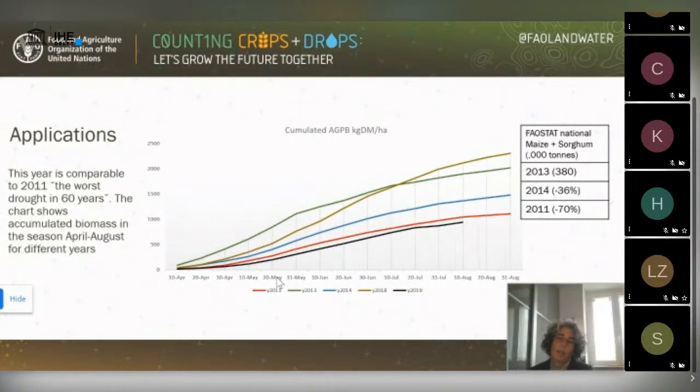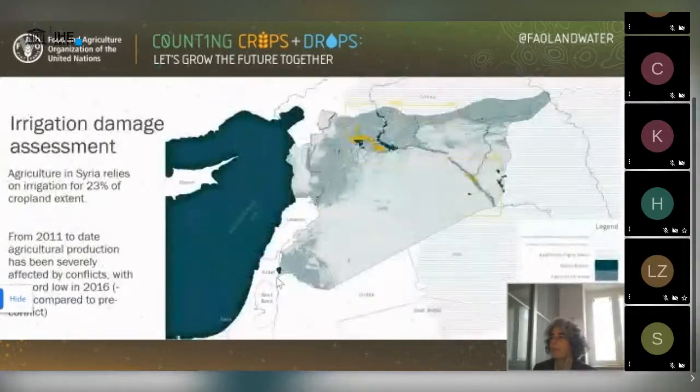So this is not to say that with WaPOR we can have a full-fledged early warning system, because in FAO, for example, we have real early warning systems that also take into account food stocks and prices, and it's more complicated than that. But the idea is that with WaPOR data, you can in very few clicks get an idea what type of impact a drought is having on the agricultural production early on during the season.